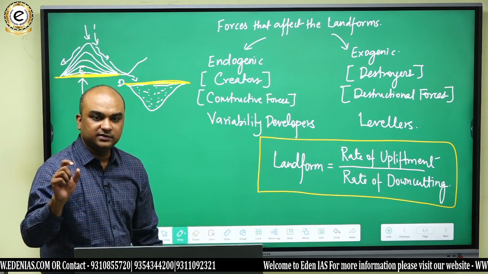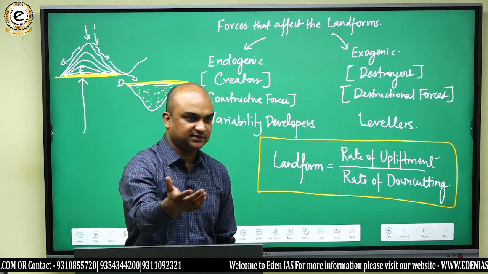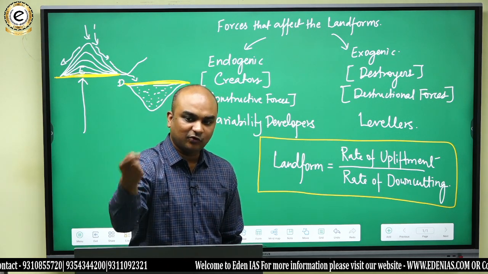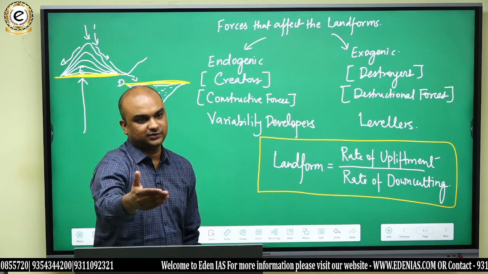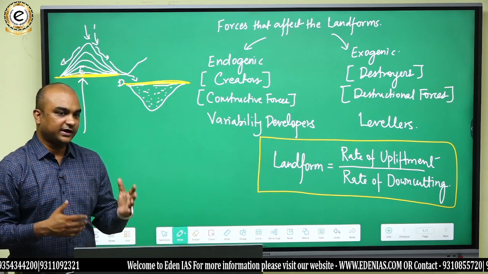See, the word genetic or genic is drawn from the Greek word genesis. Genesis का मतलब क्या होता है? Origin. Endogenetic मतलब originating in the interior. Do you get that?